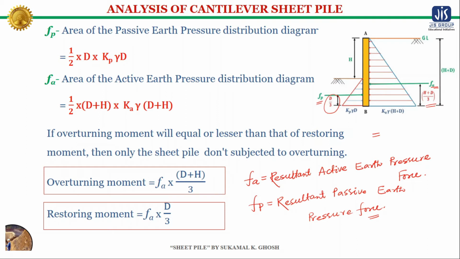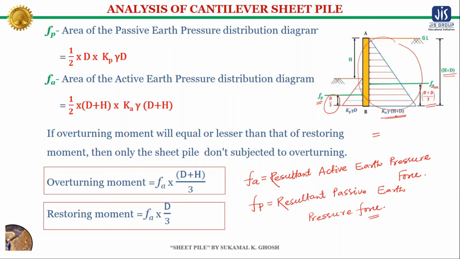We can see here the active earth pressure distribution diagram is a triangle, right? And the height of this triangle is H plus D and the base is the PA, that is equal to Ka into gamma into H plus D, right?